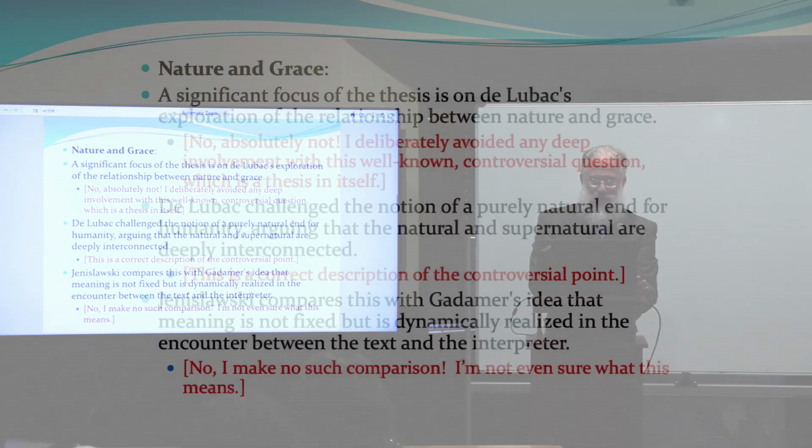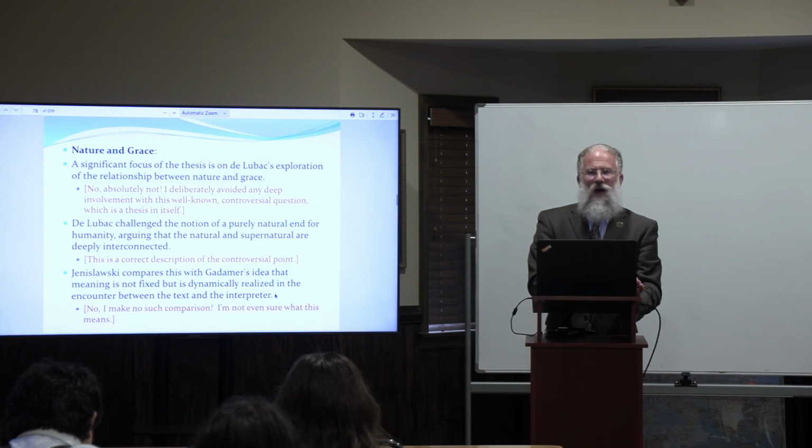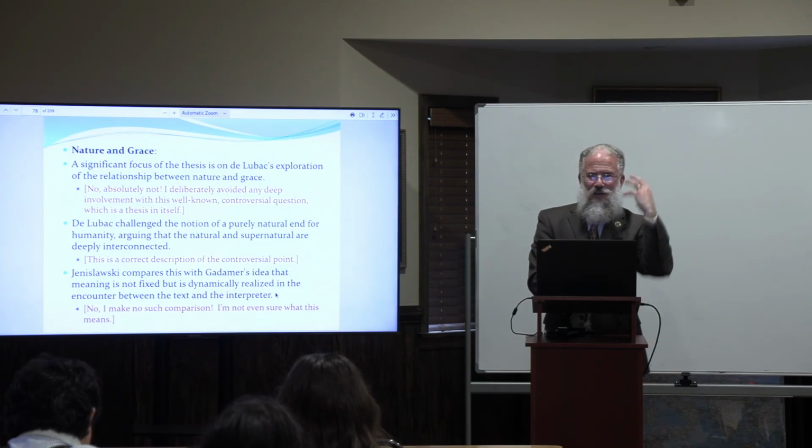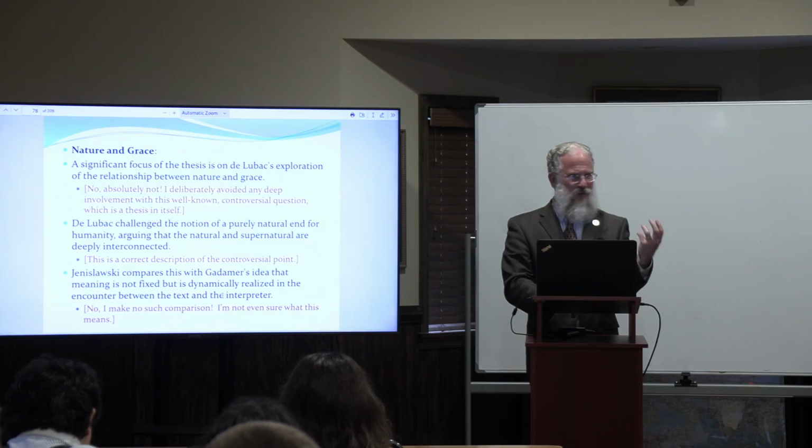De Lubac challenged the notion, so this is all correct, of the controversy. And then it says, Jenislawski compares this with Gadamer's idea that meaning is not fixed but dynamically realized in an encounter between the text and interpreter. One, I don't do that, and two, I don't even know what it would mean to compare de Lubac's view on nature and grace to Gadamer's idea about meaning. It's kind of gobbledygook.